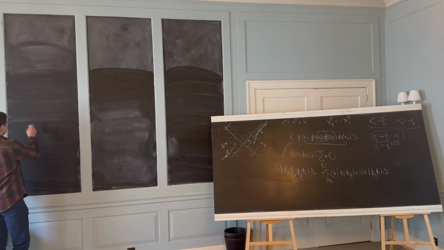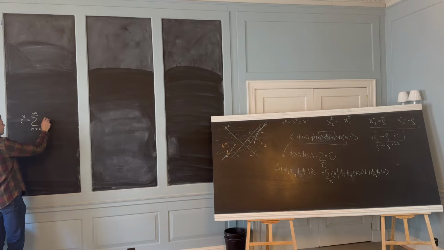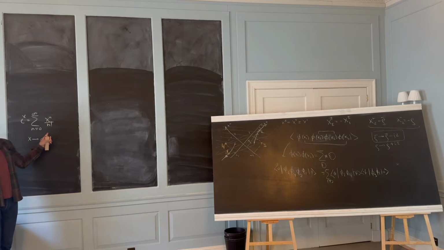It's kind of like looking at the series expansion of e to the power x, which is the sum from n equals 0 to infinity of x to the n over n factorial, and trying to figure out the asymptotics as x goes to infinity. This sum converges for any positive x, but it really doesn't help you to understand what's going on at large x unless you look carefully at what this is doing.